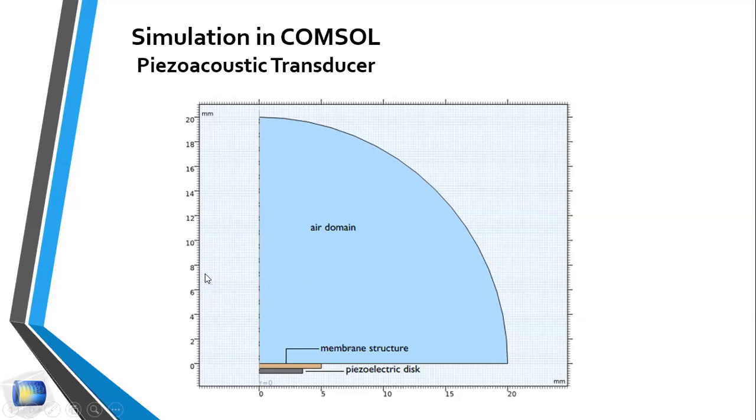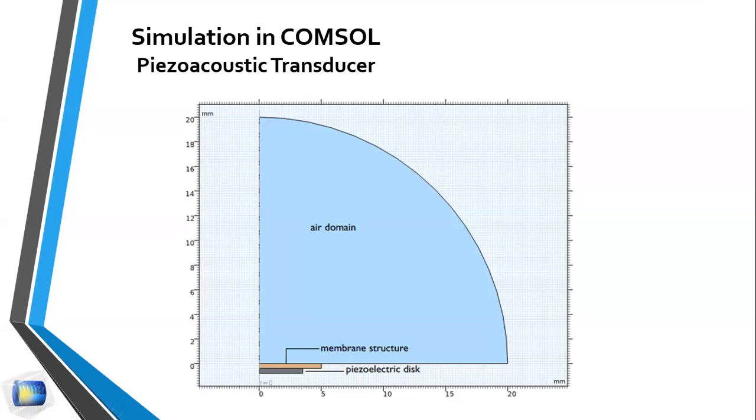For applying a piezoacoustic transducer, I should add two rectangles, one for the piezoelectric disc and one for the membrane, which is a matching layer, and it's used to improve the propagating wave.